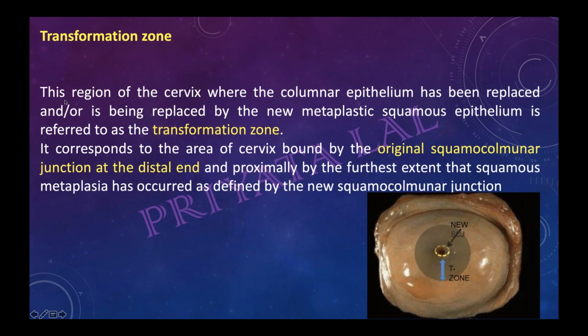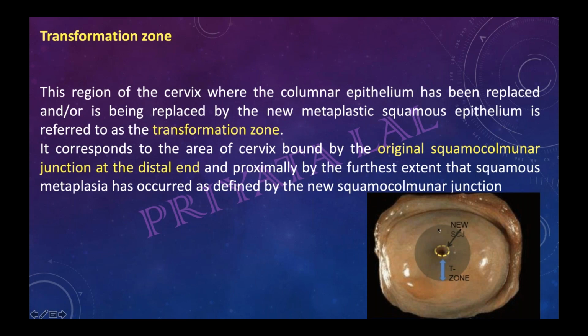What really happens is that in the cervical region, columnar epithelium is replaced by new metaplastic epithelium. The metaplastic changes keep on happening, because of the changes in pH, as I already discussed. As the activity is always there in that area, there will be one zone.